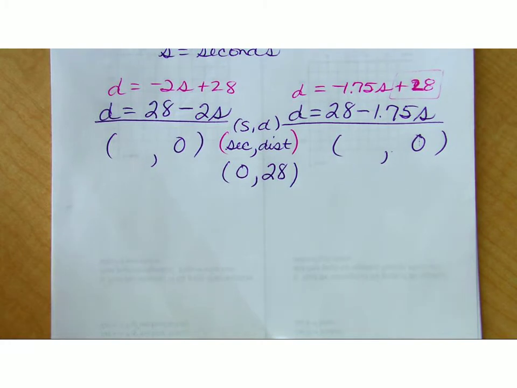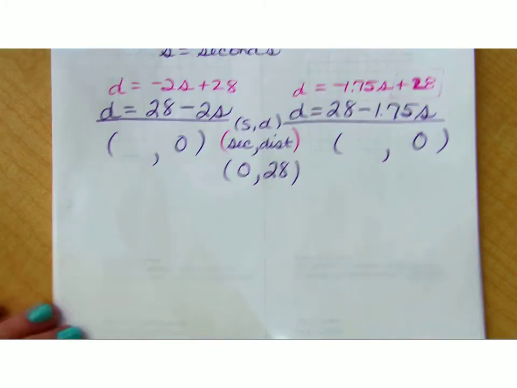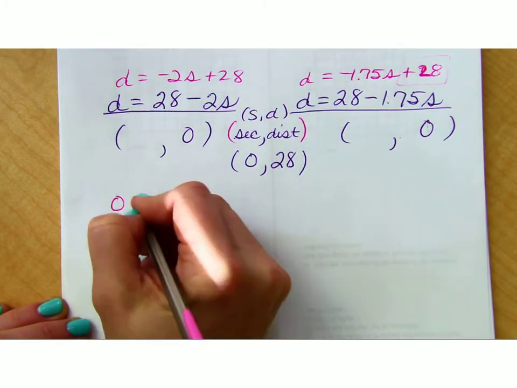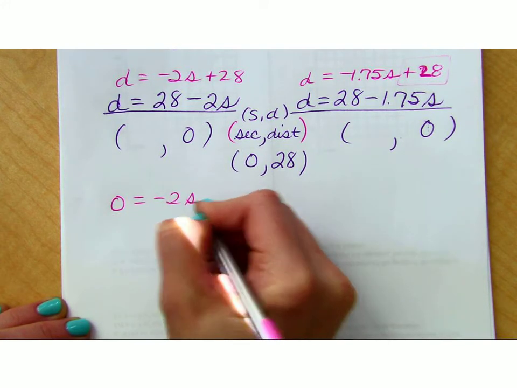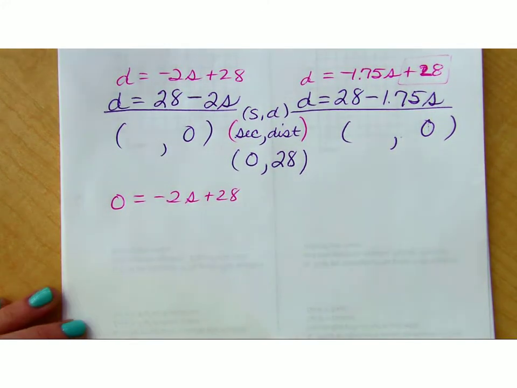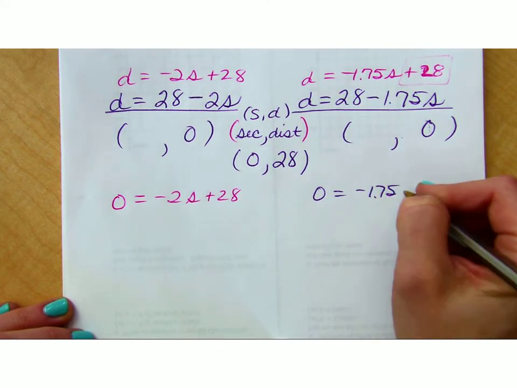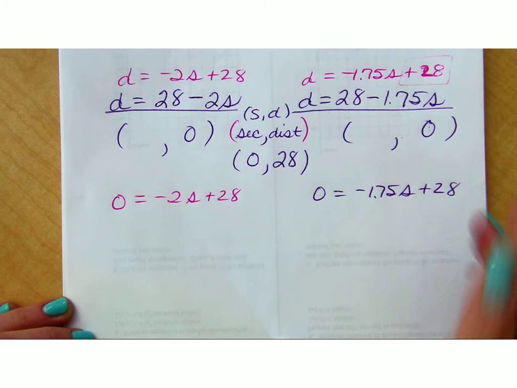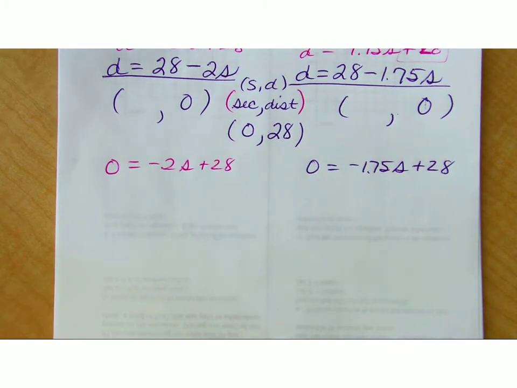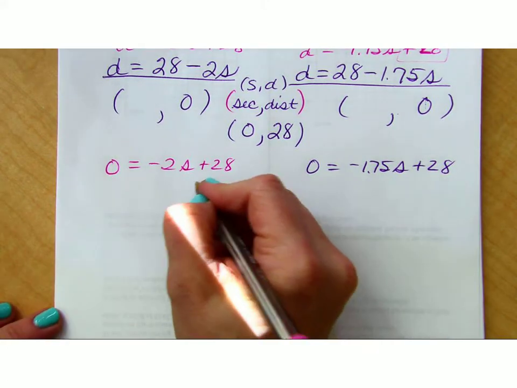So do that. Say, well, when my distance is 0 and I traveled 2 feet per second here, what would it be? When my distance is 0 and I traveled 1.75 feet per second here, what would it be? So you have to solve this baby two-step equation that I know you know how to do by subtracting. It doesn't matter what you do.